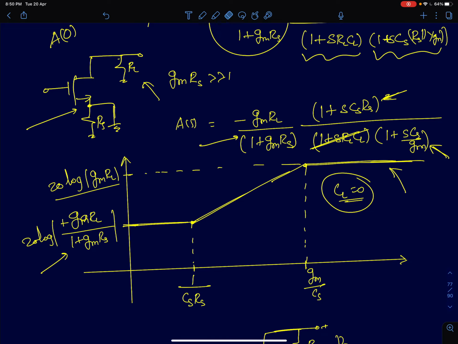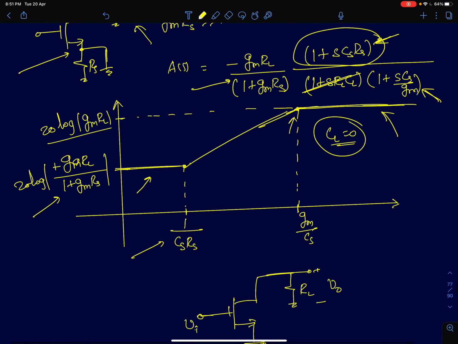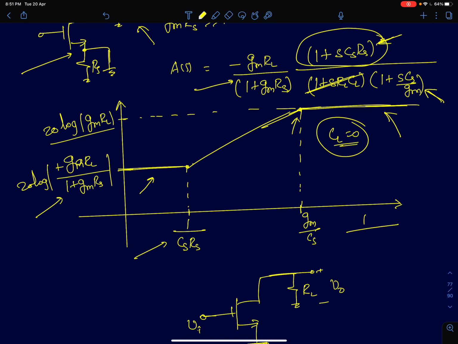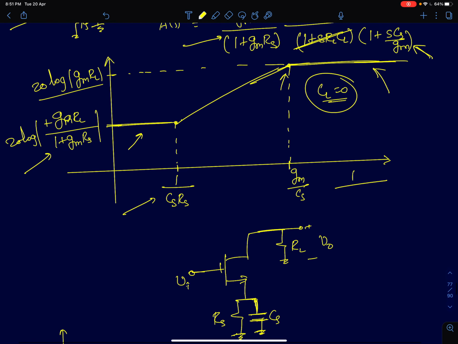So even before we look at the poles and zeros, we can clearly see that if I want to go from here, which is a lower gain value at a lower frequency, to a higher gain value, I should first encounter a zero and then a pole at this point. And we can see the expression for the zero here is 1 by Rs Cs, and the expression for the pole here is, it's a bit more complicated, but we can make some assumptions, 1 by Cs into Rs parallel 1 by Gm.